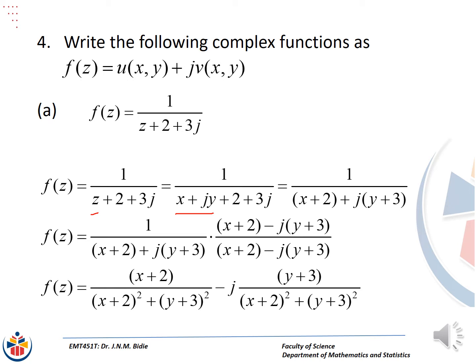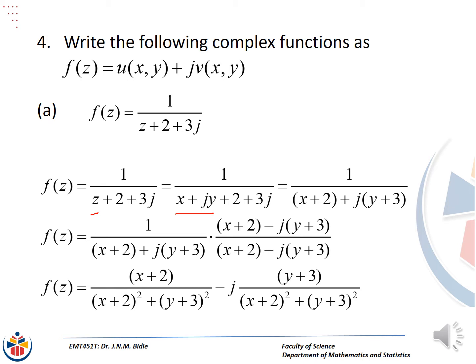So because it's plus here, it will be minus there, and then you multiply out, and the numerator remains the same because we're just multiplying by 1, but the denominator will just be the real squared and the imaginary squared, noting that j times minus j gives us +1. Hence it is in that format.